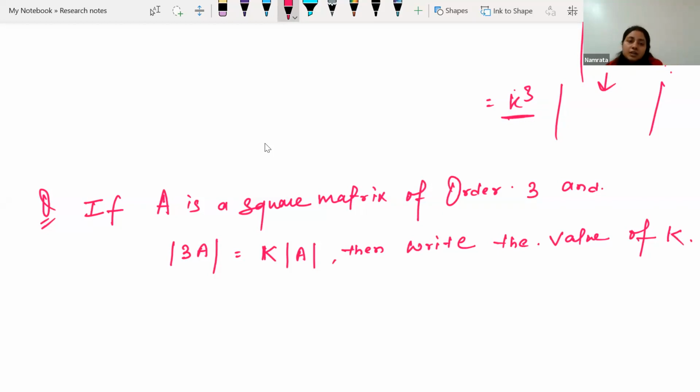Here we are having A as a square matrix of order 3.